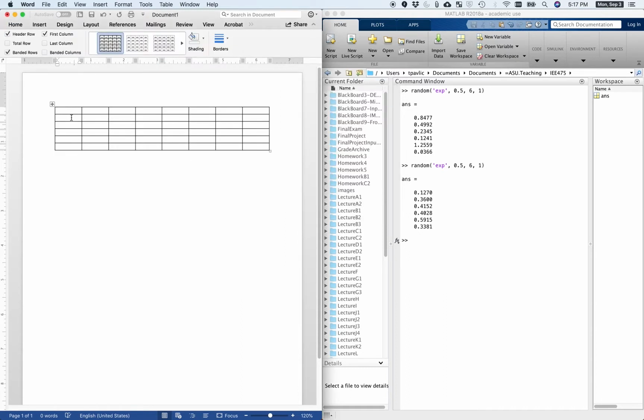I'm going to label the second row of this table R_i. This is where we're going to put our 6 numbers that may or may not be uniformly distributed, in sorted order. In this column, I'm going to say this is the bin.